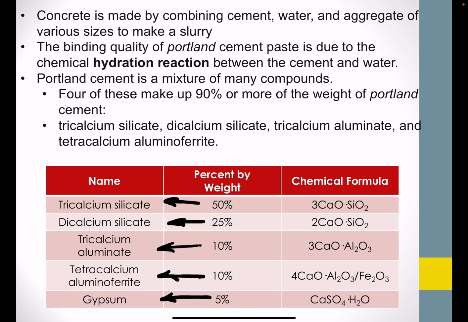The formula of these is listed at right, and so here you can see that the stoichiometry is changed between the first 2. We have 3 units of calcium oxide to the 1 silica in the form of SiO2, and in the second case we've got 2 units of that instead.